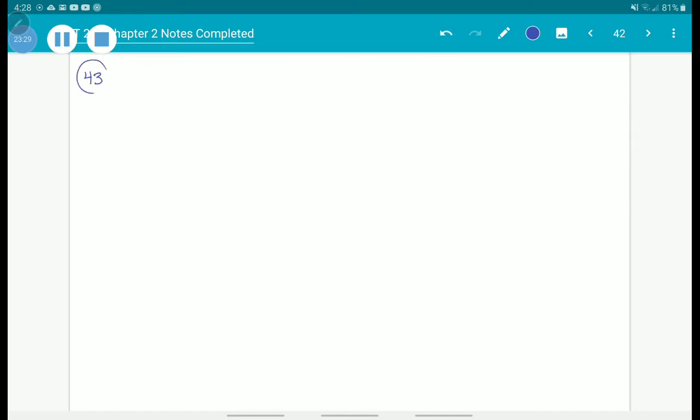So with 43, we're looking at this matrix. Remember the goal: let's get it to an upper triangular matrix. We don't have to have ones down the main diagonal. You can if you want to, I'm not going to worry about that. It does not have to be an REF. It just has to be an upper triangular matrix.